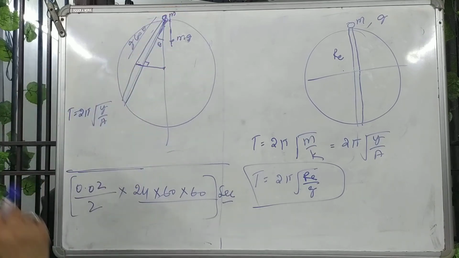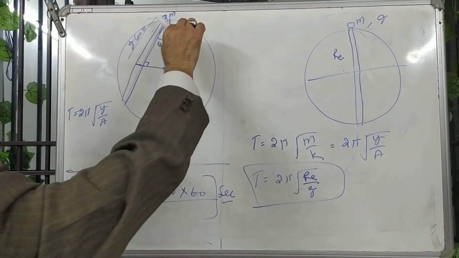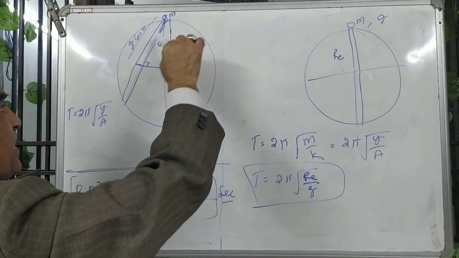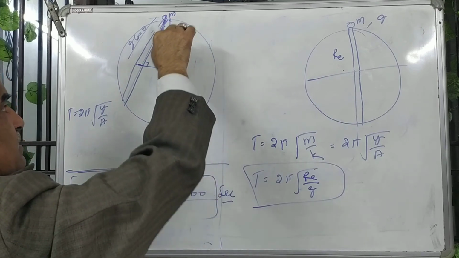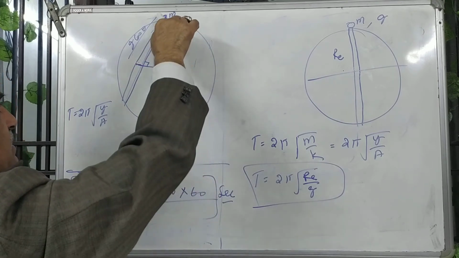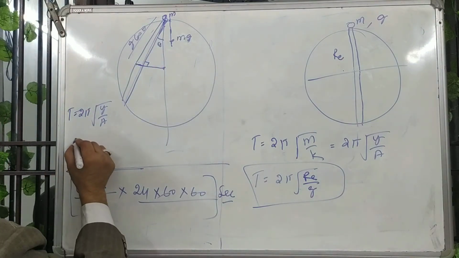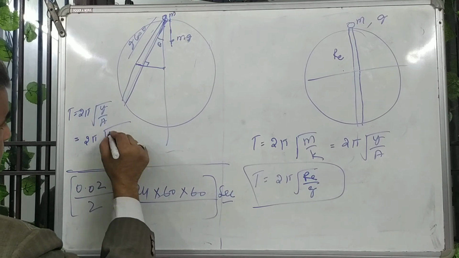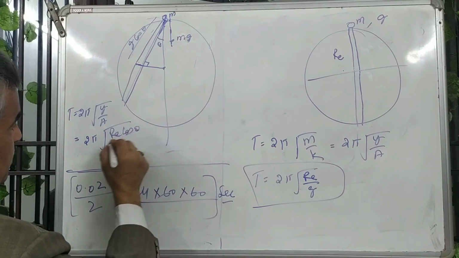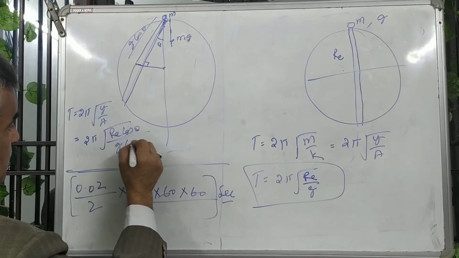The displacement is along this length: if the radius of the earth Re is the hypotenuse, this is the base, Re cos theta. So y equals Re cos theta. You will find T equals 2 pi root Re cos theta upon g cos theta.